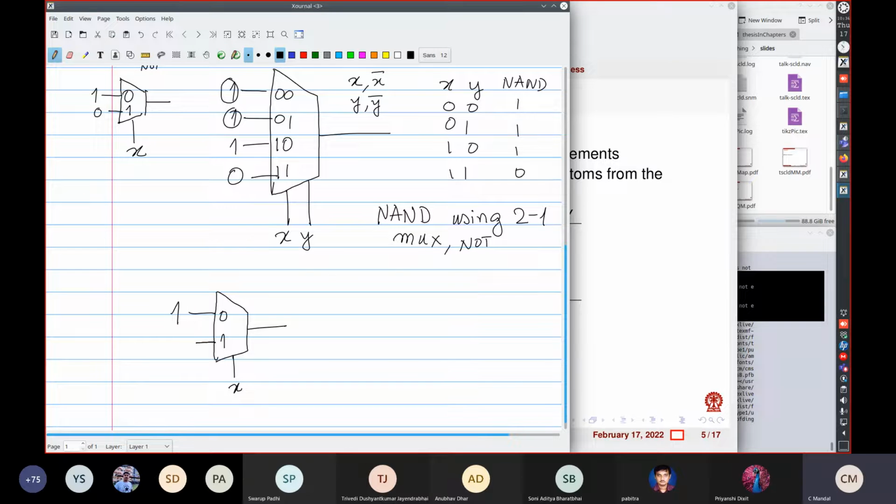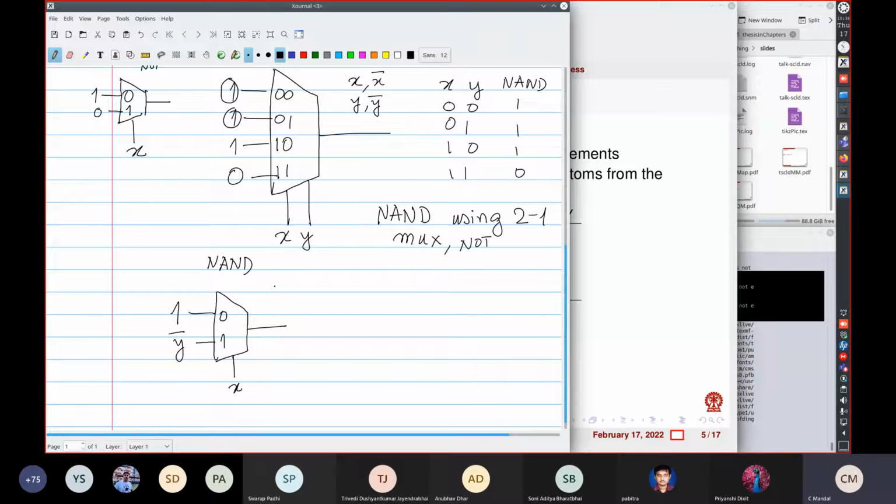When x is 1, what will be the output? The output will be y bar, right? So if y is 0, the output is 1. If y is 1, the output is 0. Right? So this is also NAND.